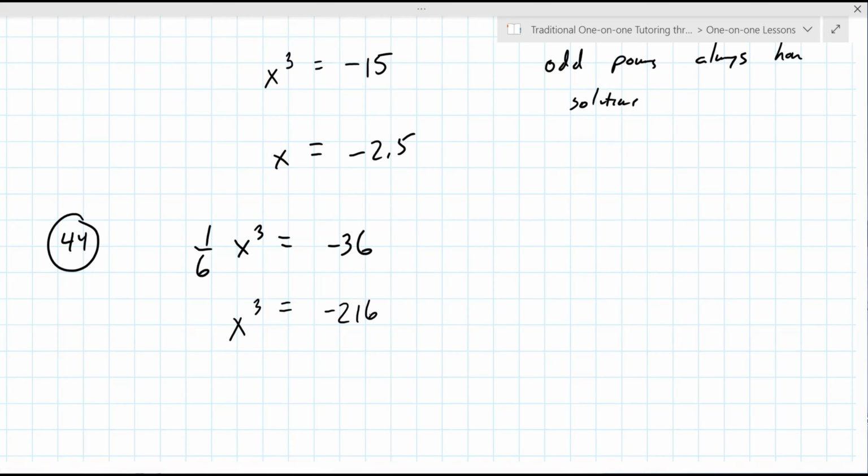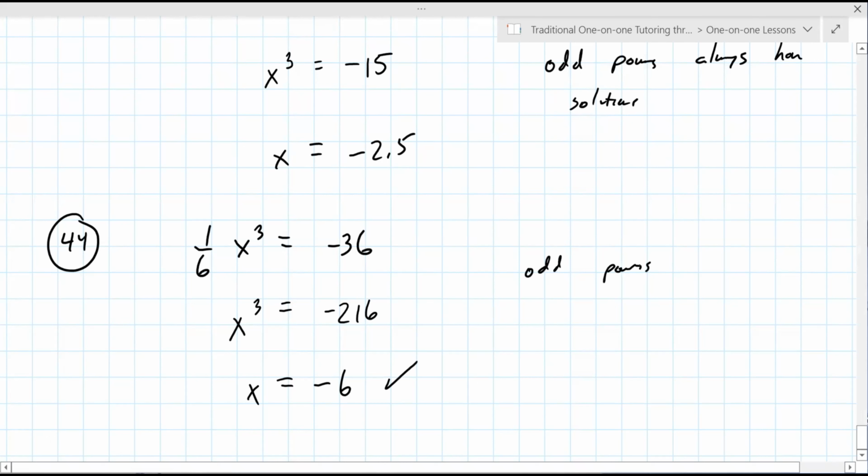But it's positive or negative? It's negative. Yeah, it's going to be negative. And then x equals −6. But there are 2 solutions only when it's an even power. You have an odd power here.